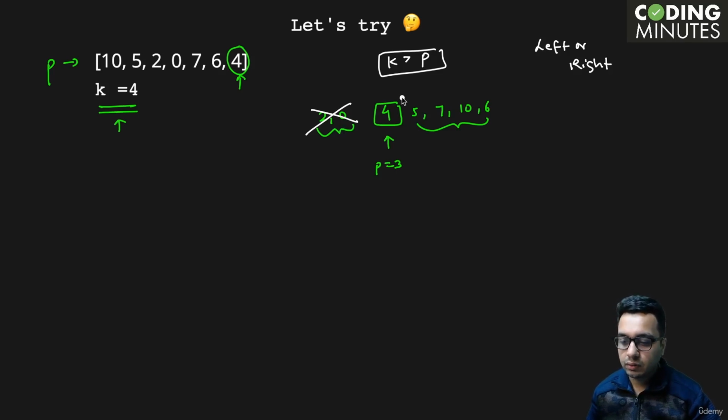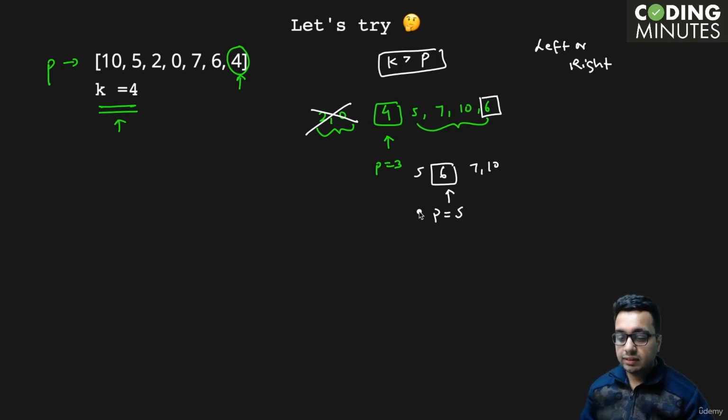Now we come to this part of the array and we say, okay, give us the pivot. Maybe this is the pivot, and we try to place 6 in its correct index. So maybe 6 comes here, and we have 7 and 10 here, and we have a 5 here, and we came to know that this element is at the 5th position.